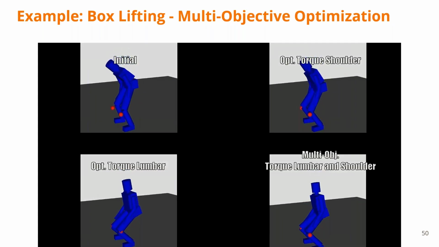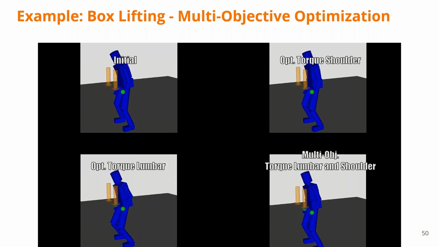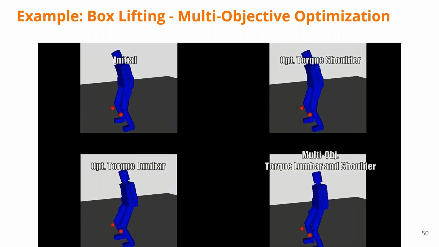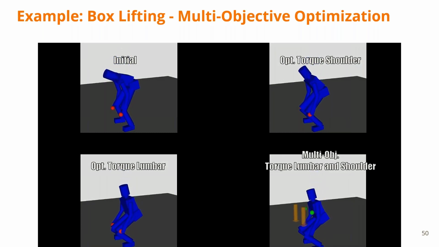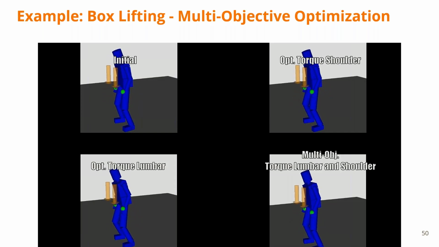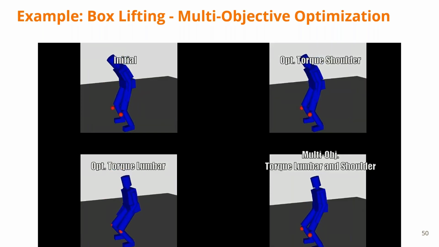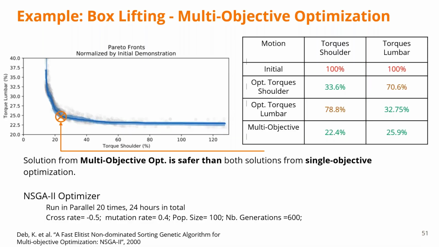We used a classic multiple objective optimizer with the ergonomics scores for both the torques at the shoulder and at the lumbar back segments, for which we verified that there was a compromise. On the bottom right of the slide, there is a selected motion from our resulting Pareto front, indicated in the plot right here in orange.